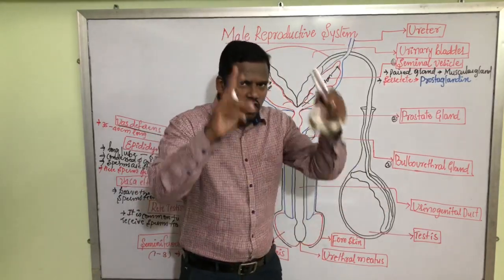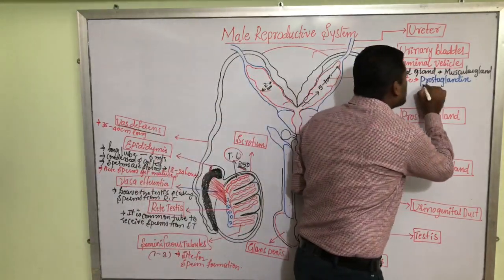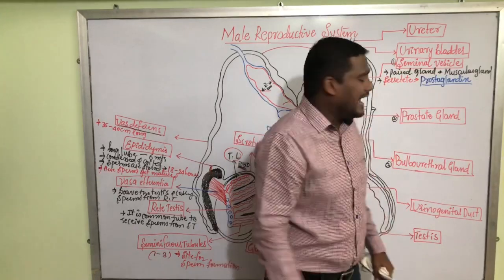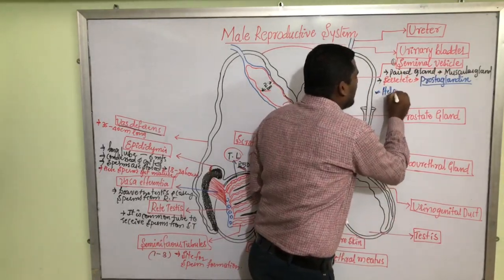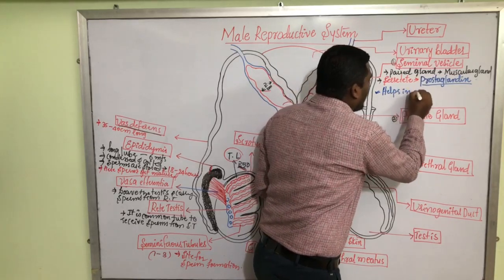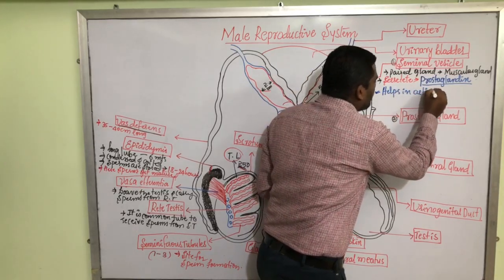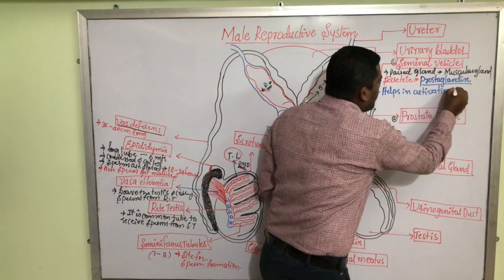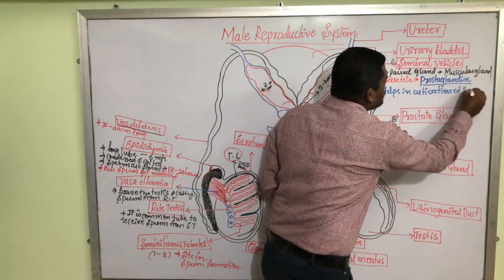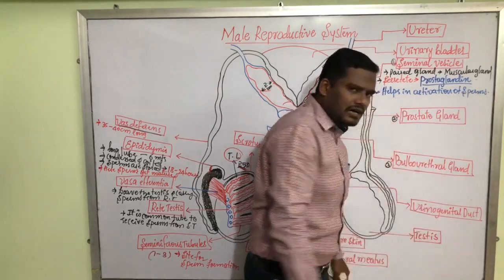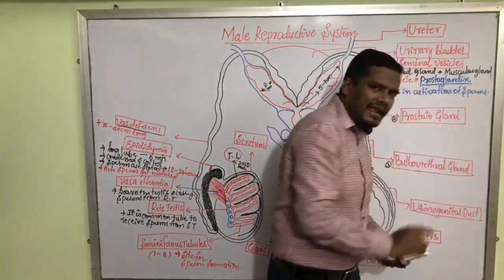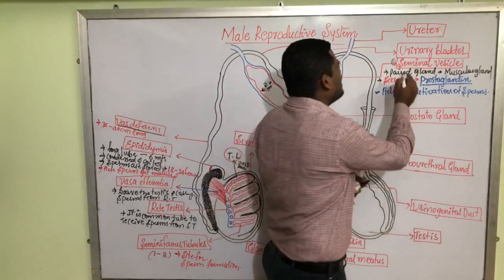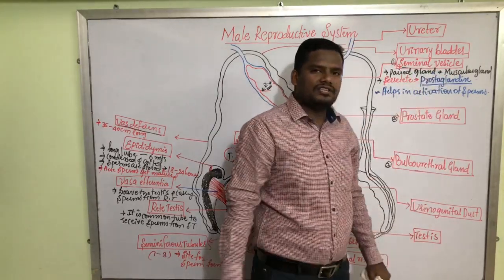The secretion of seminal vesicle is called prostaglandin, and this prostaglandin helps in activation of sperms. Sperms get activated by a substance called prostaglandin, and this prostaglandin is secreted by the seminal vesicle gland.